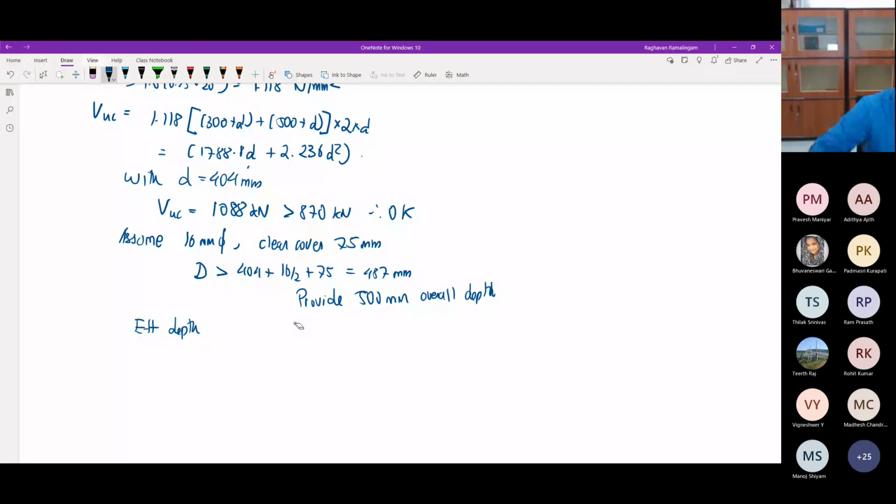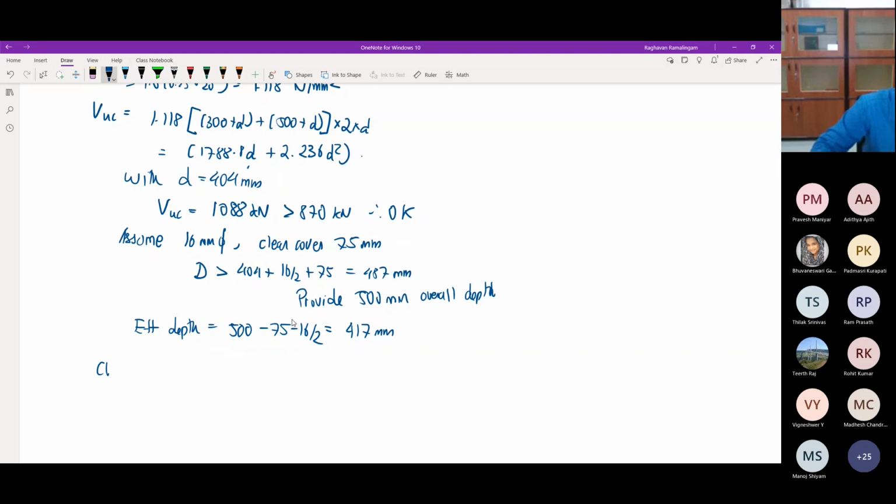It's about 500 minus 75 minus 16 by 2. So what do I get? I get 417. So this is the effective depth that comes for this particular footing.